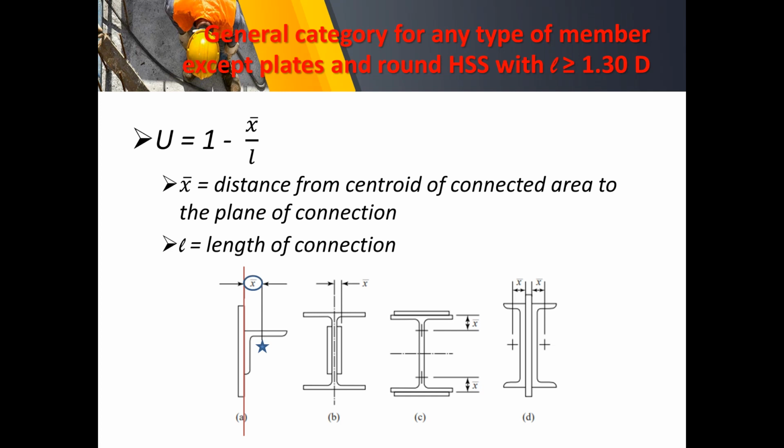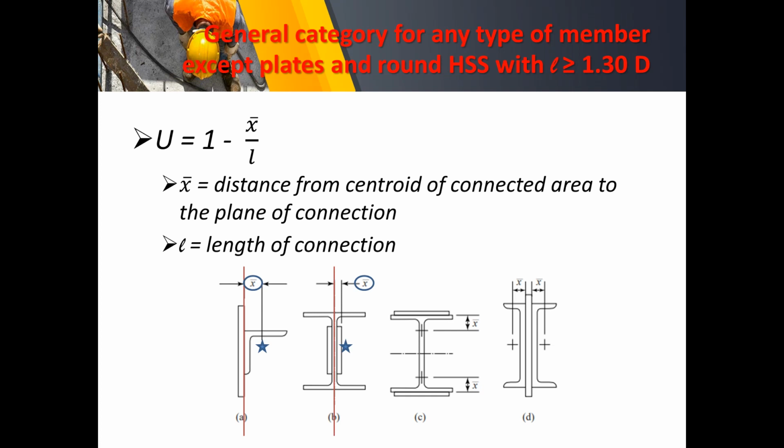The distance X bar is from the centroid up to the plane of connection. Similarly, for the wide flange, this is the plane of connection because it is being sandwiched or gripped by the plate, and this will be the centroid of the angle bar at one side. Hence we have this distance X bar.